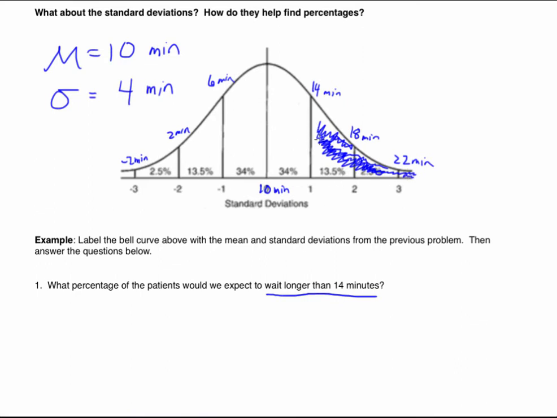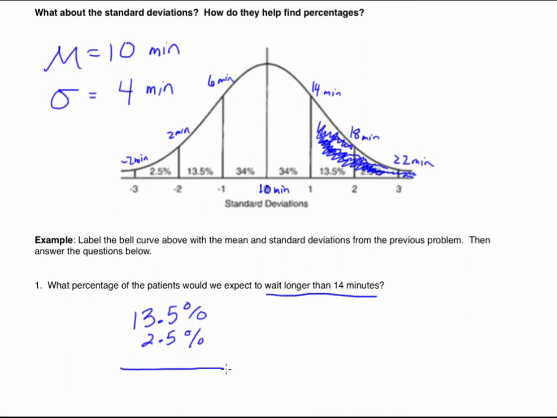So the area between 14 and 18 was 13.5%, so 13.5% of people had between 14 and 18. Between 18 and 22, since this is symmetric, it's hard to see now, but that was 2.5%. And again, this area is so small, we're not even going to consider it.